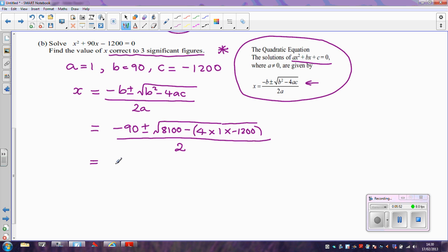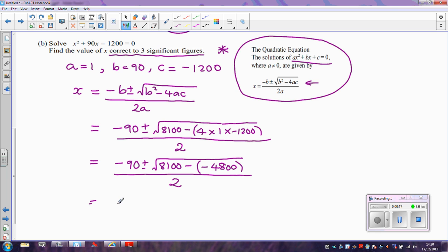So let's carry on. We've got minus 90 plus or minus the square root of 8,100 minus, and we can see that in the bracket we're going to have something which is negative. 4 times 1 times minus 1,200 is minus 4,800, and again that's still all divided by 2.